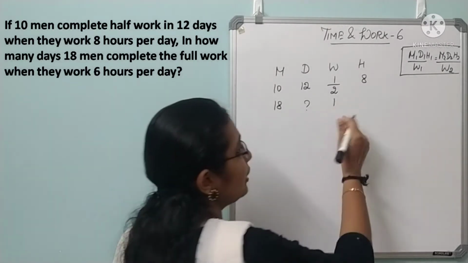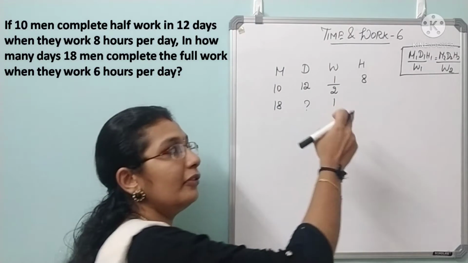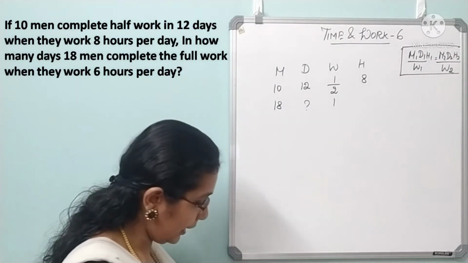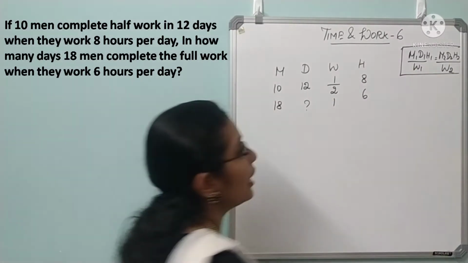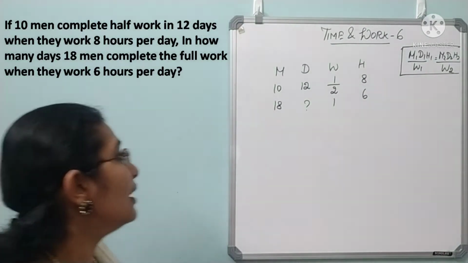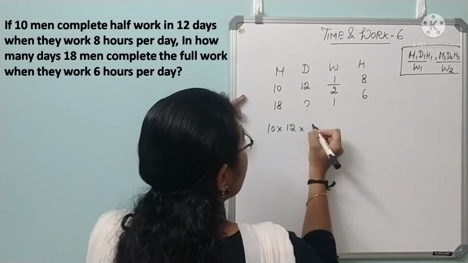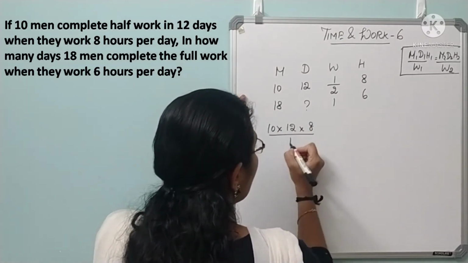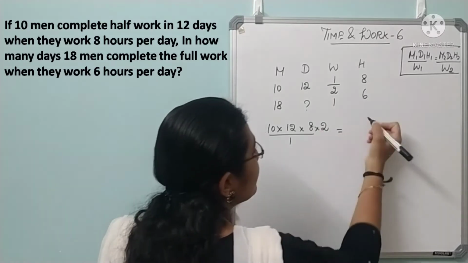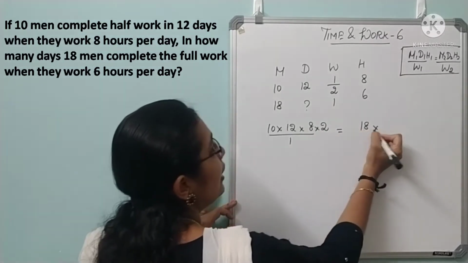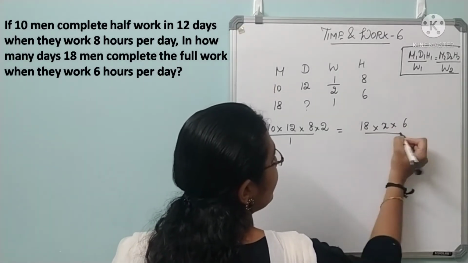Full work means 1. Previously it was half work, so we took it as 1 by 2. Full work we will consider to be 1, when they work for 6 hours per day. So just proceed as usual. M1, D1, H1 by W1. So 1 by 2 means 2 will come in the numerator. Then M2 is 18, D2 is X, H2 is 6, by W2 is 1.